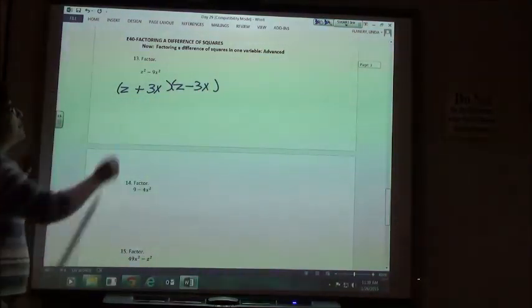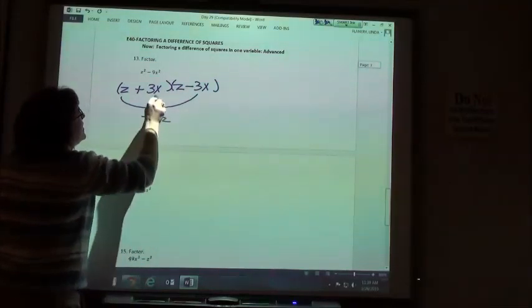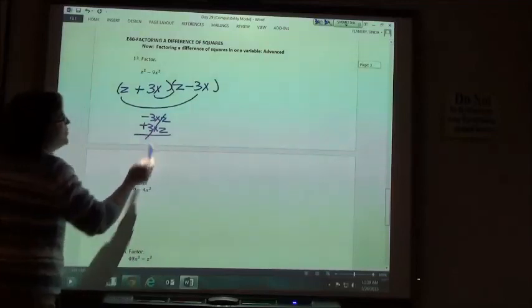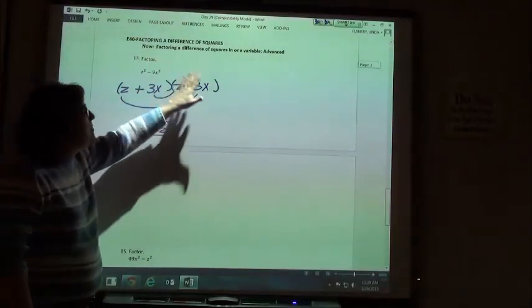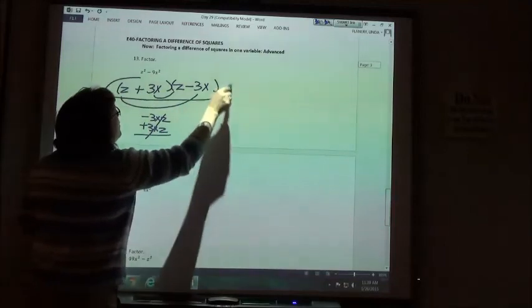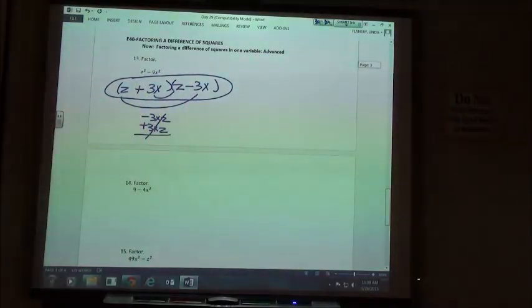So when you FOILed this out, the outside was negative 3xz, the inside is a positive 3xz, and those canceled out, and that's why you didn't get that middle term. And so when they say conjugates, they mean the same terms with opposite signs in the middle, and you end up with the difference of perfect squares when you multiply conjugate binomials.